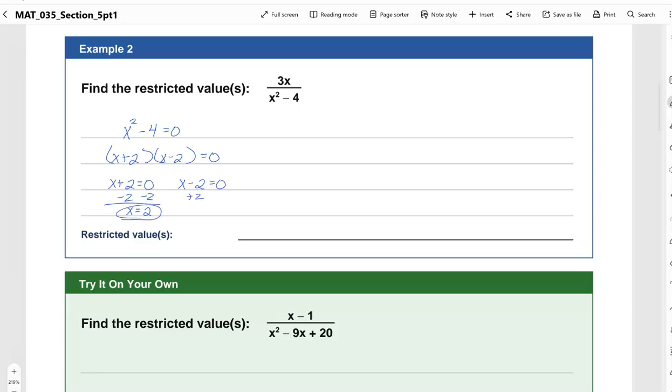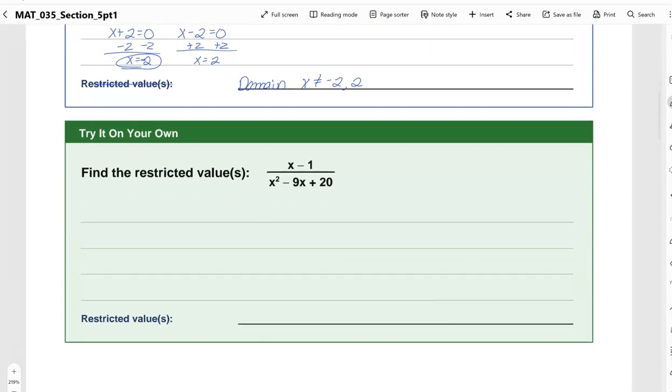We get 2 and negative 2. I forgot the negative on that first one. So our domain is x cannot be equal to negative 2 or 2.